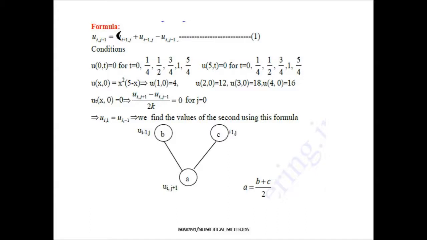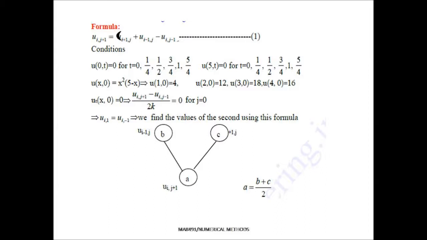So to find the values of the boundary condition, we are using this formula, and after finding our boundary condition, we are going to find the values of the second row using the next formula, a equal to b plus c by 2. By using both the formulas, we will be able to identify our boundary values easily, and we can move on to our table by using these values itself.